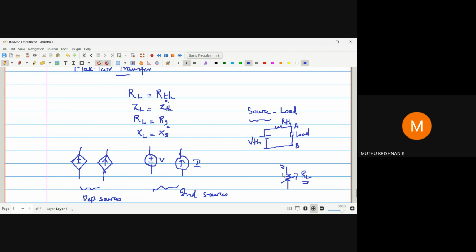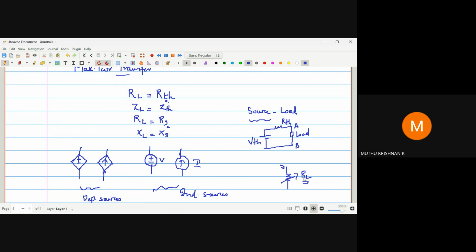Some other value would mean maximum power transfer won't take place. What the value of this load resistance should be so that maximum power is transferred is what is conveyed through this theorem.